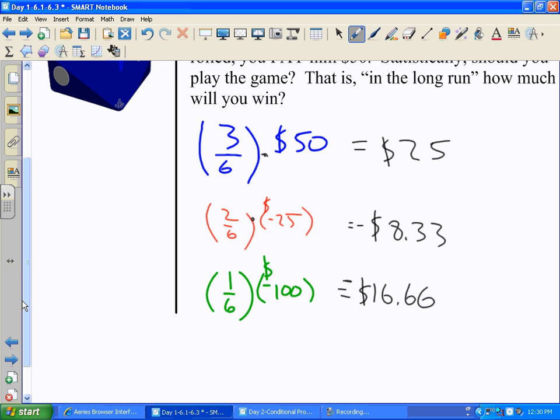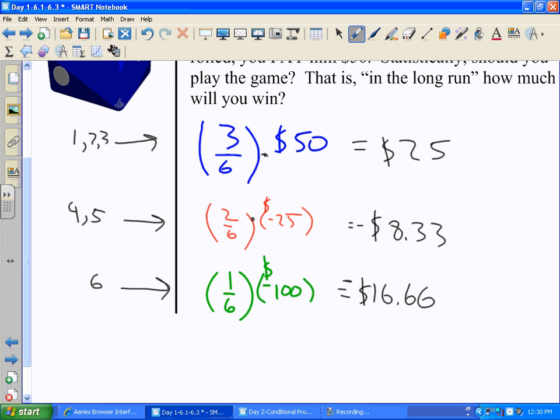All right. Do you agree that this is an or situation? You're going to roll a 1, 2, or 3. You're going to roll a 4 or a 5. Or you're going to roll a 6. So you're going to win this, or this, or this.